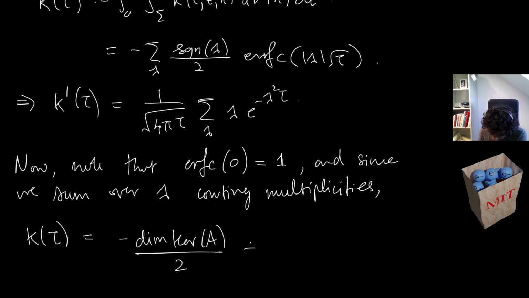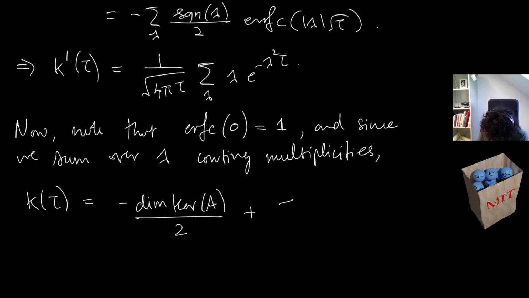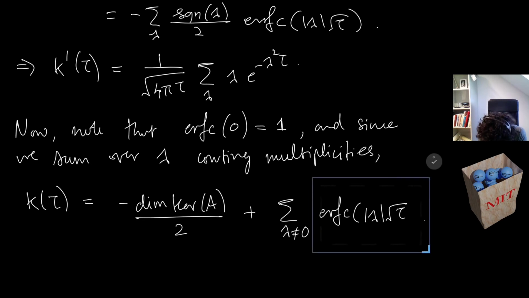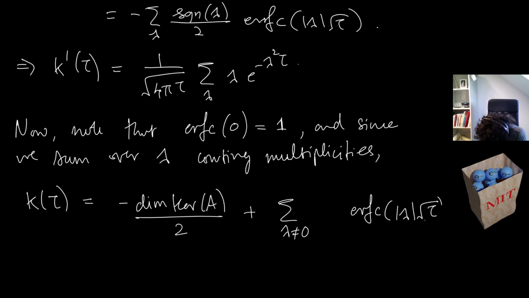And then now I have the sum over the non-zero eigenvalues of erfc of modulus lambda square root tau. Oh, sorry, there's a signum missing. Sorry. There's a signum here.